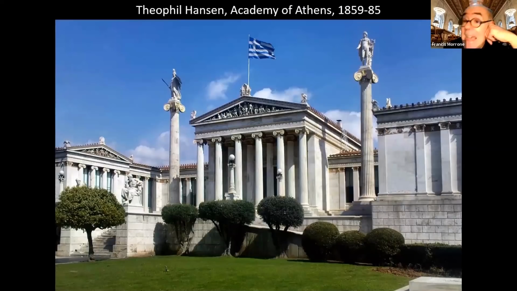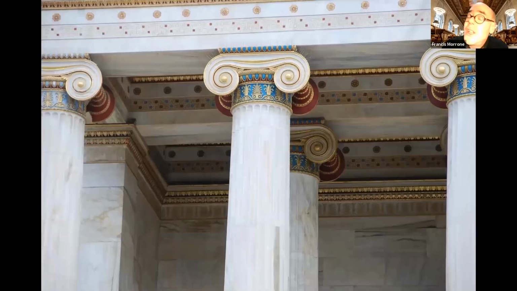But Theophil Hansen, a Danish-born architect, was asked to design a new building for the Academy of Athens in 1859. And he employed the Ionic of the Erechtheum, but he also chose to use polychromy in the manner that he thought was used originally at the Erechtheum.